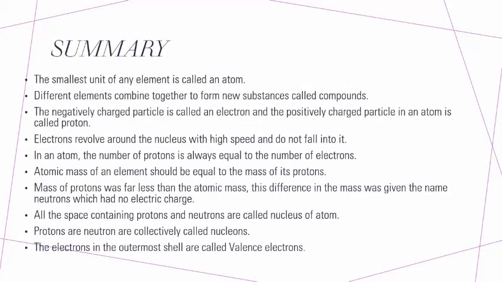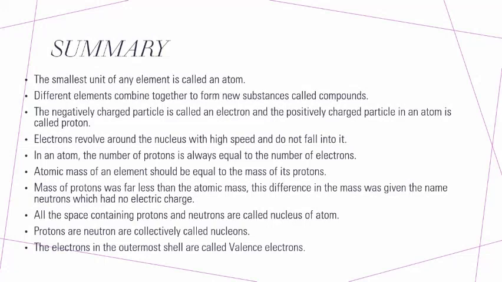Then we have seen that in an atom, the number of protons is always equal to the number of electrons, and the atomic mass of an element should be equal to the mass of its protons. But the mass of protons is far less than the atomic mass. So that difference they named neutrons, which have no electric charge and are electrically neutral.